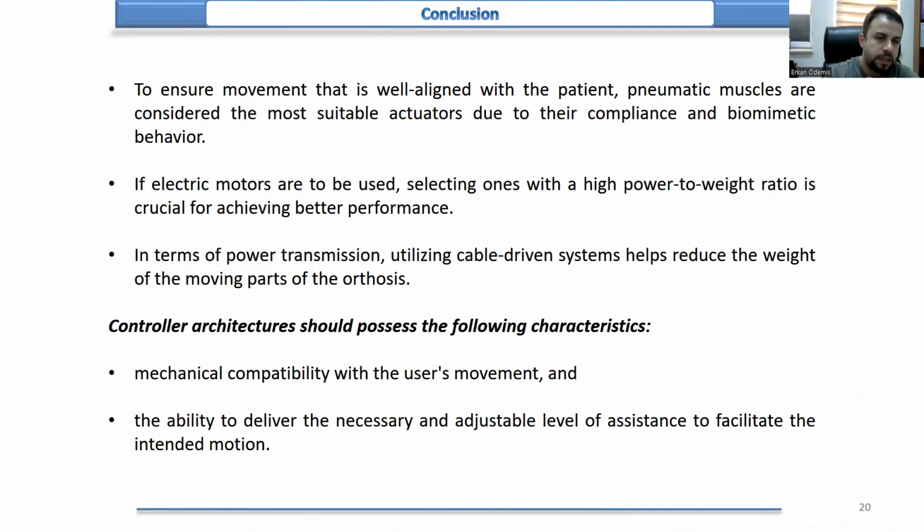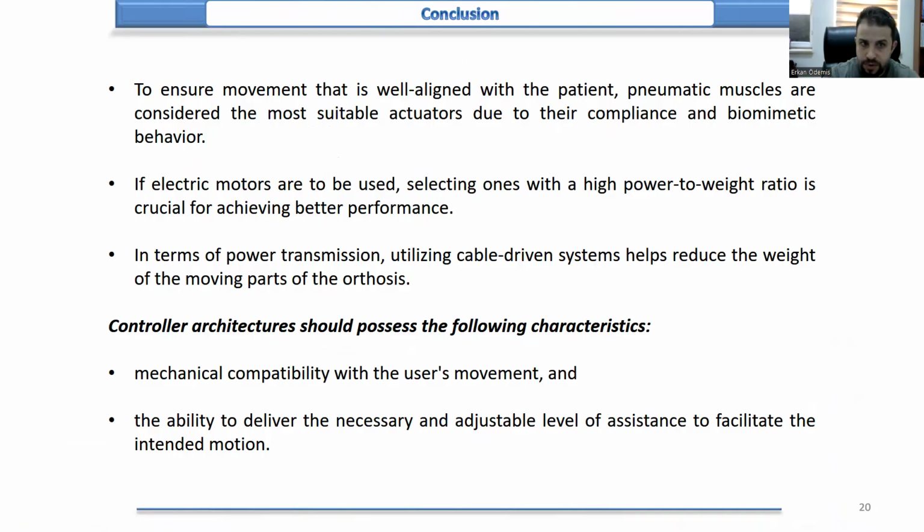As the conclusion, to ensure movement that is well aligned with the patient, pneumatic muscles are considered the most suitable actuators due to their compliance and biomimetic behavior. If electric motors are to be used, selecting ones with a high power-to-weight ratio is crucial for achieving better performance.